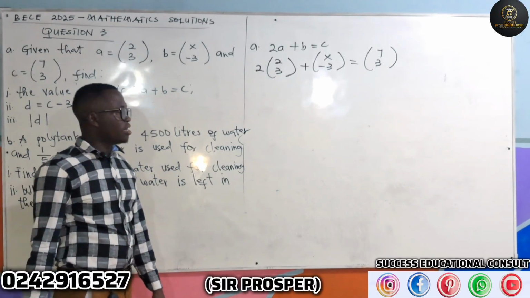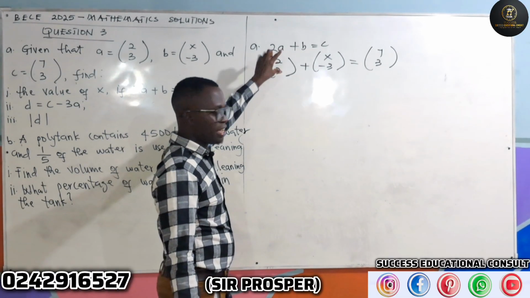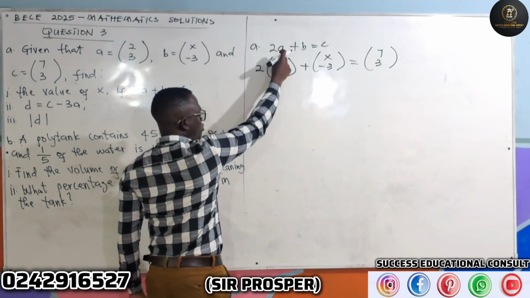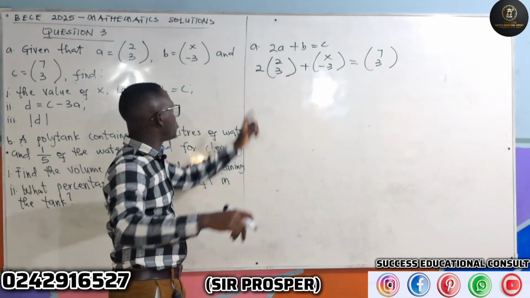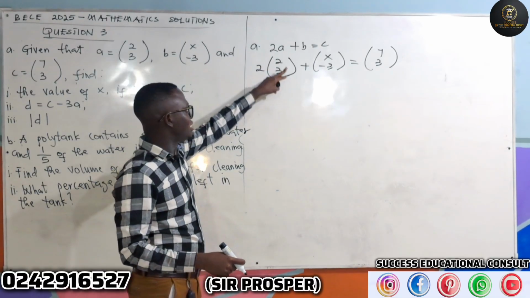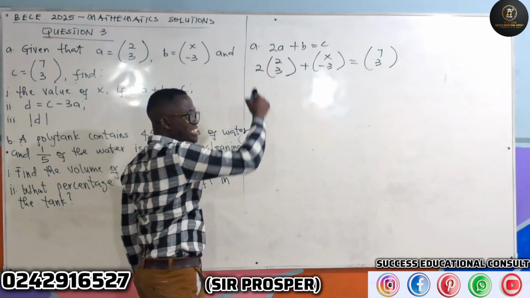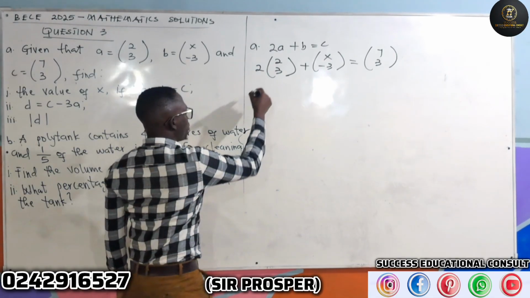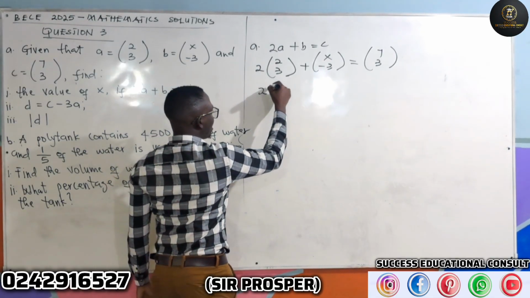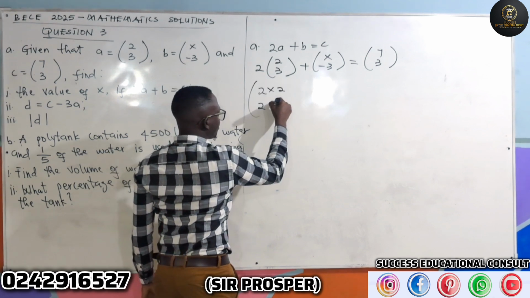Now we need to expand what we have over here. So we use the 2 to multiply this 2 and the 3. You don't just use it to multiply the 2, no. Multiply it by the x component and the y component. This 2 is a scalar. So we use the scalar to multiply the various components.